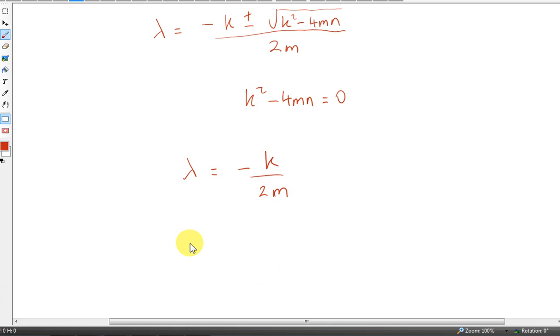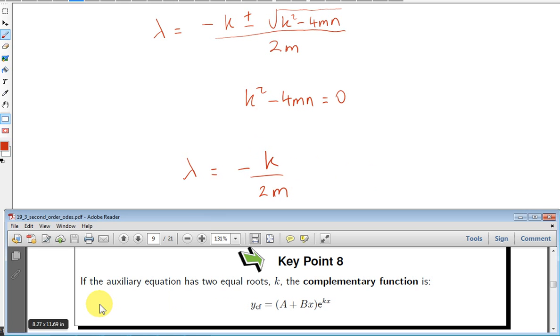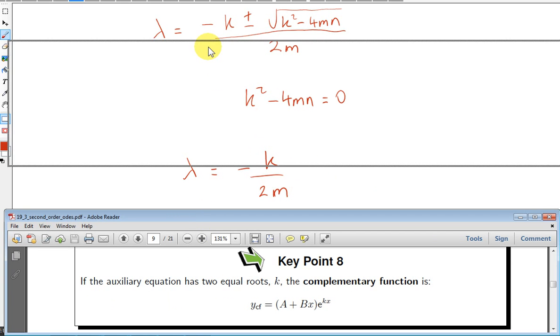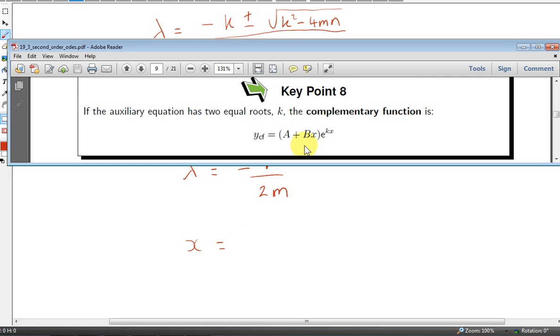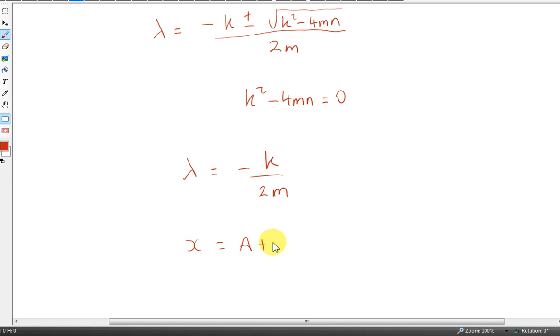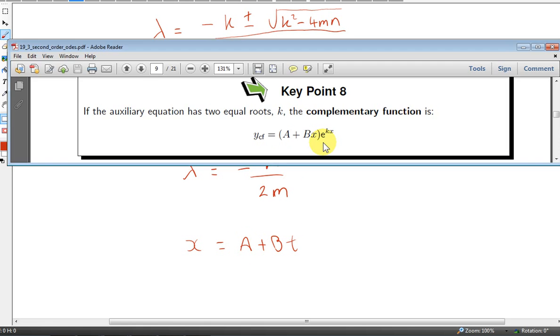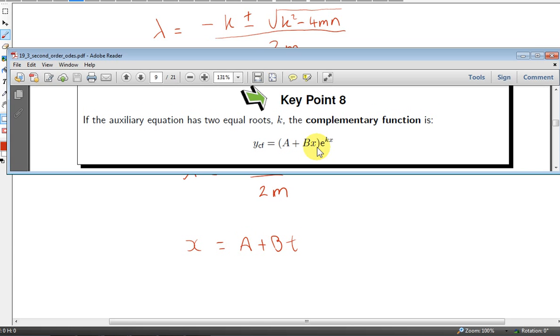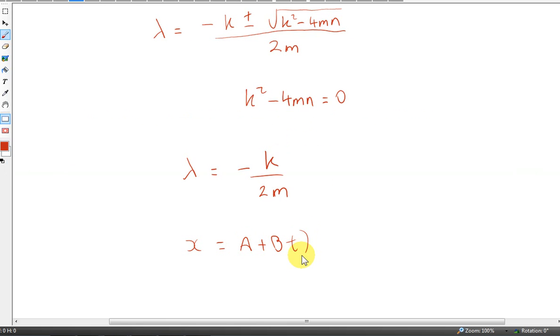The dependent variable is x here, and so we have x of t equals a plus b times t times e to the power of, we're not calling the solution of the auxiliary equation k, we're calling it lambda here. So we have lambda times t, e to the lambda t.